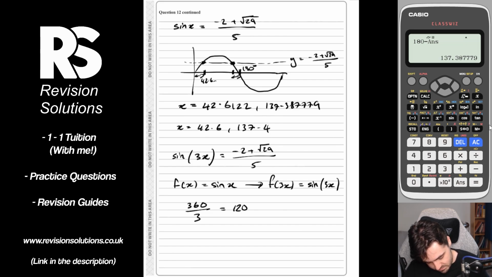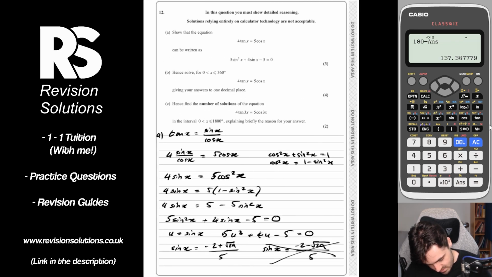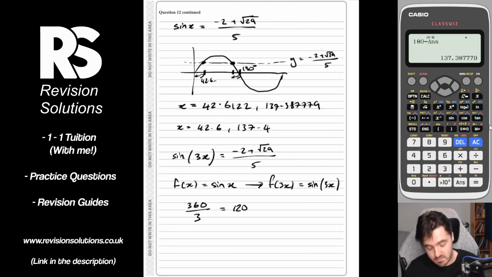And we're interested in the number of solutions from 0 to 1800 degrees. So let's just see how many repetitions of the graph of sine 3x we can get into that. So if we do 1800 divided by 120 degrees, that's how many repetitions of the sine graph we could fit into that interval. What's that?